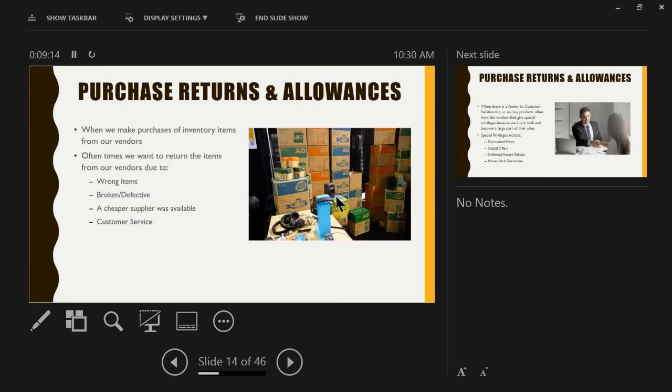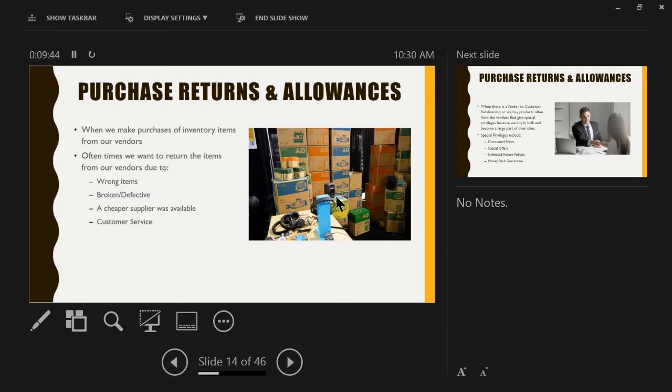So again, a little review here. Oftentimes, when we make purchases of inventory, there will be things that go wrong, such as the vendor may have sent you the wrong items. The FedEx or the UPS store decided to just throw our inventory on our property and break our items. So you can have broken or even defective items.